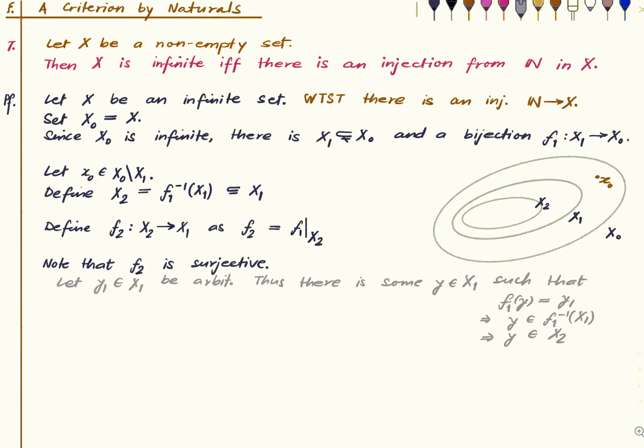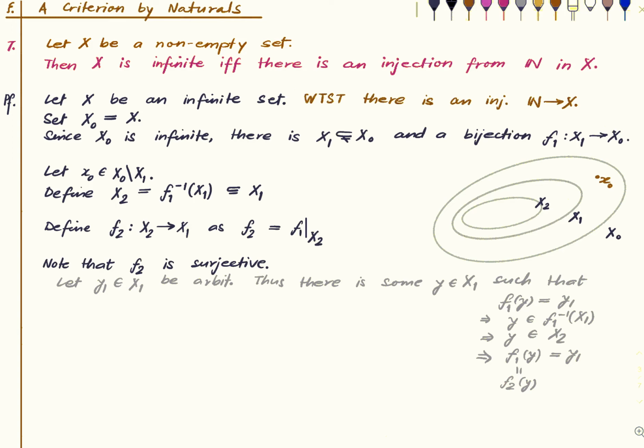But finally, we rewrite our equation. y lies in X2 and we have this equation. But once y lies in X2, F1(y) is the same as F2(y), because F2 is just the restriction of F1 to X2. So we have shown that there is a point in X2 that maps to y1 under the function F2. And that proves the surjectivity of F2.